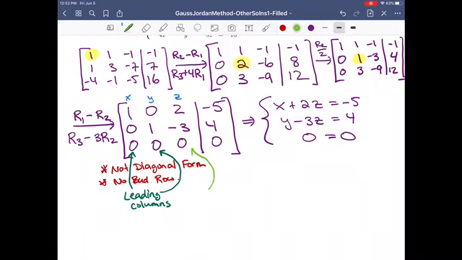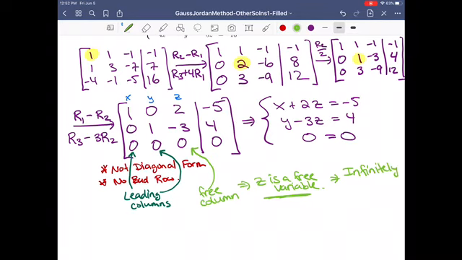Now this last column is a free column. So again, that means that z is a free variable. So that means that z gets to be anything. So that's telling us that we have infinitely many solutions, because z can be any number.